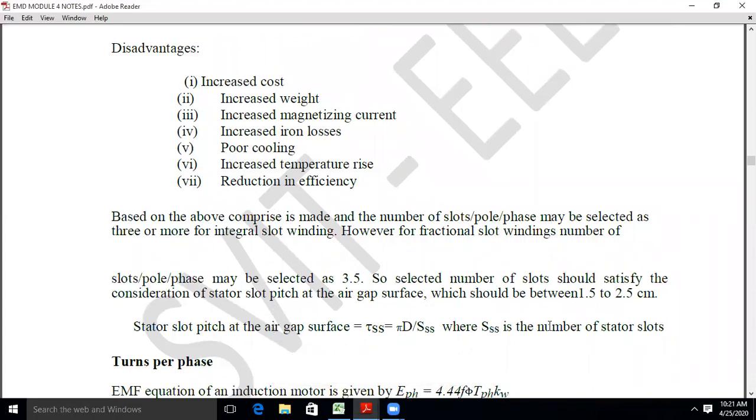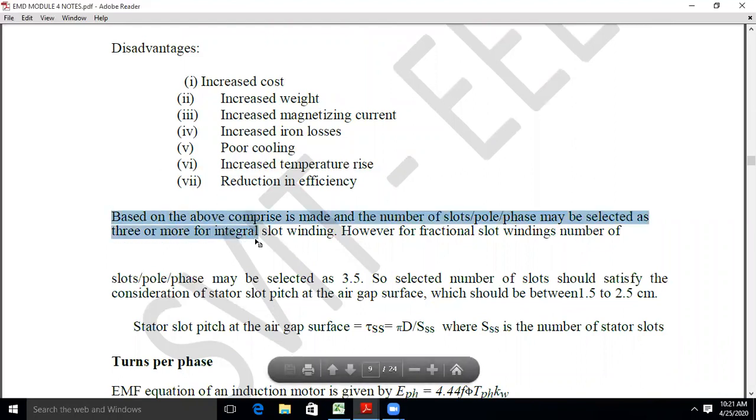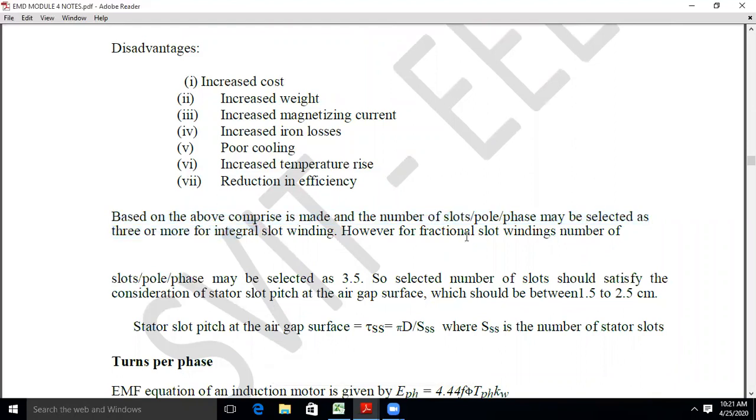For fractional it is 3.5, and for integral slot winding, it is 3 or more.